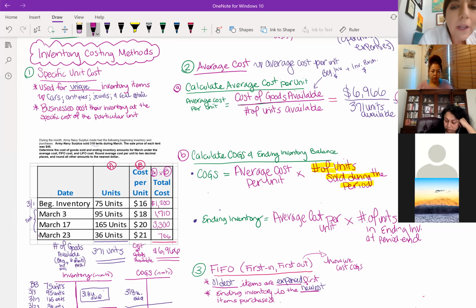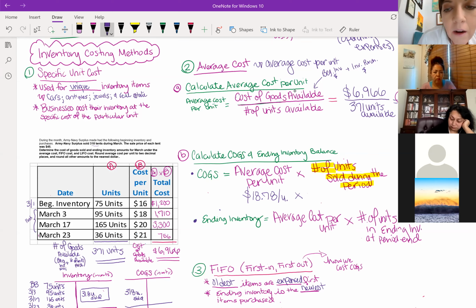We're always expensing the same number of units, but our cost basis per unit differs depending on the method the company selects to use. If they're using average cost, they're going to expense $18.78 for every unit that they sold during the period.